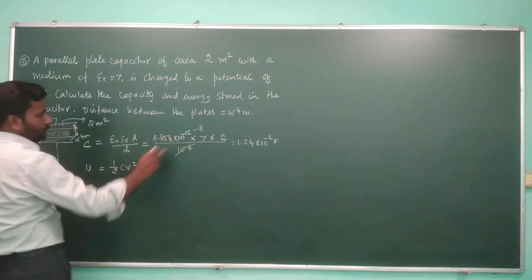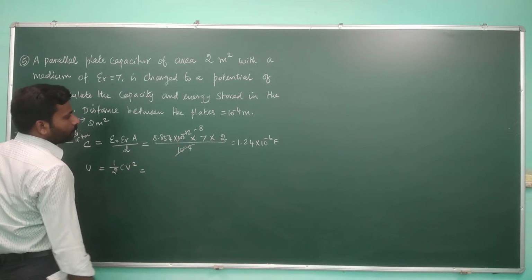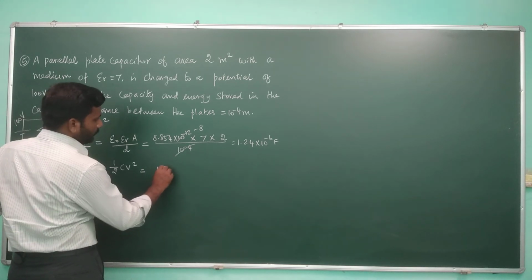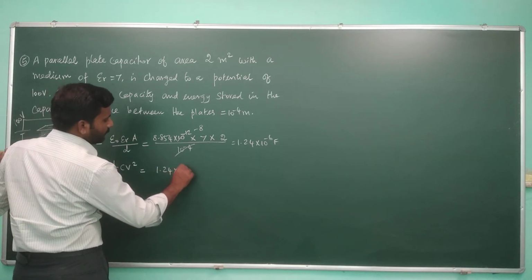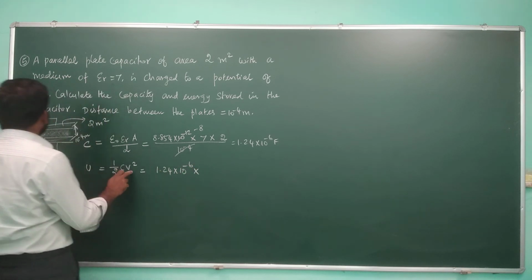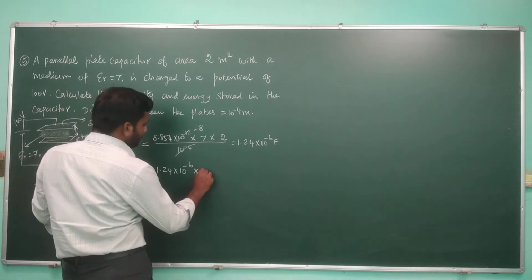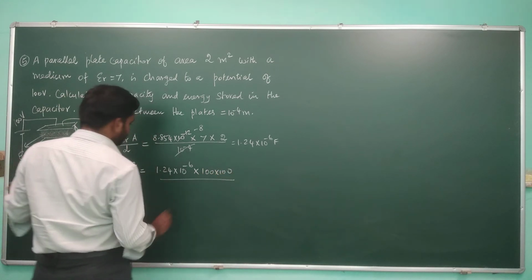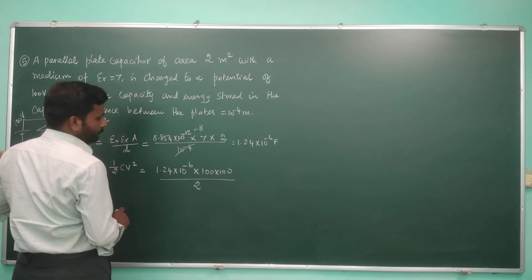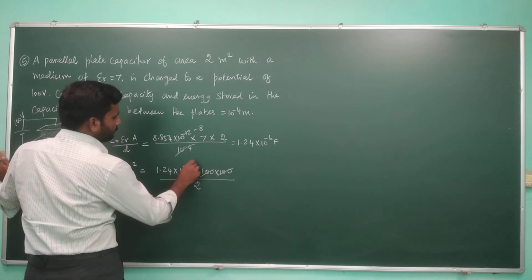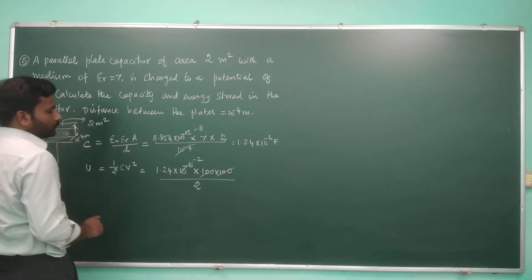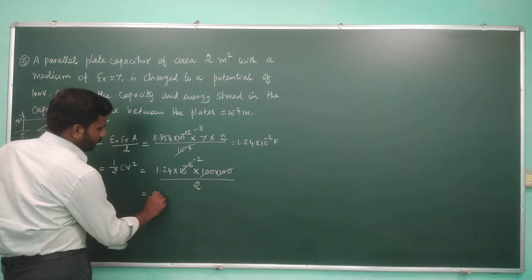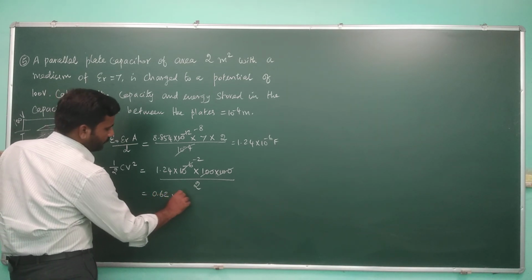Now using this 1.24 into 10 power minus 6 in the place of C, we can write 1.24 into 10 power minus 6 multiplied by, what is the potential applied? 100 volt. 100 into 100, 10,000, divided by 2. So it will become 10 power minus 2, and it will be 0.62 into 10 power minus 2.